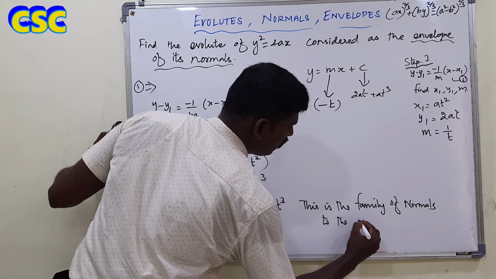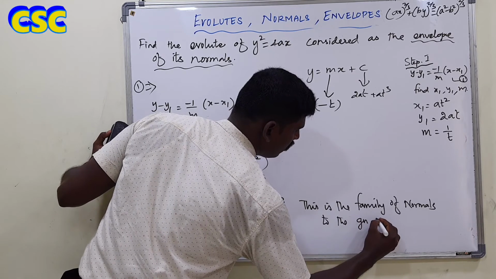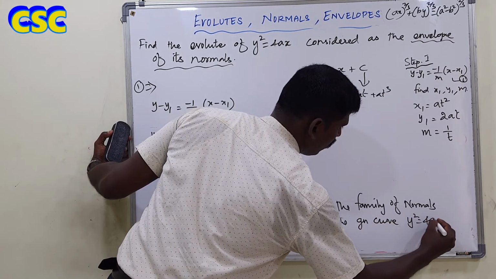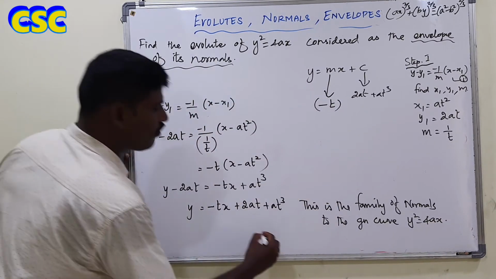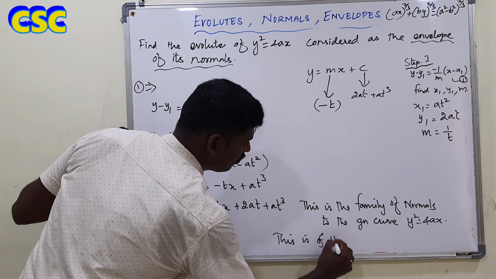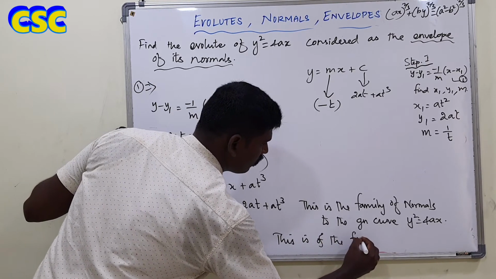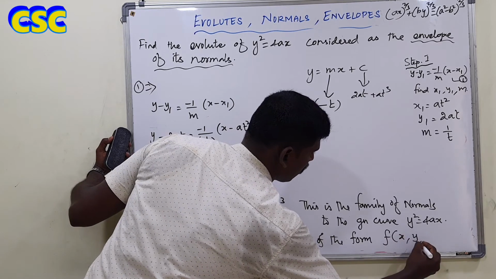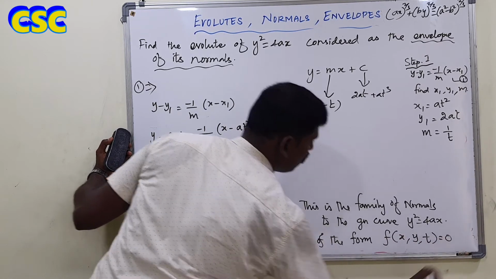To the given curve y square is equal to 4x. So this is of the form f of x comma y comma t equal to 0, isn't it?